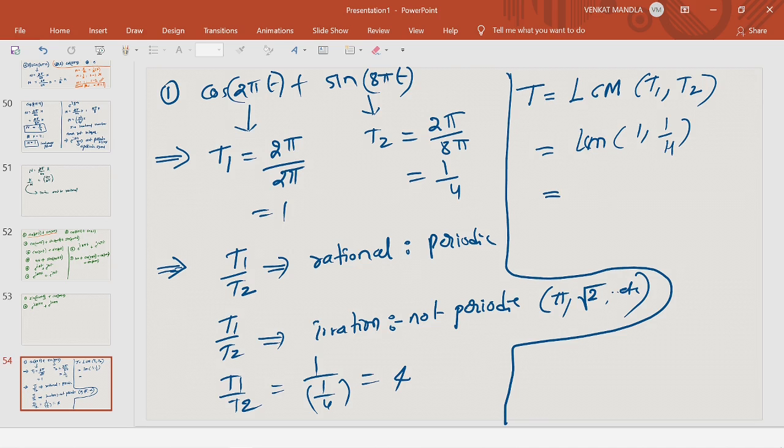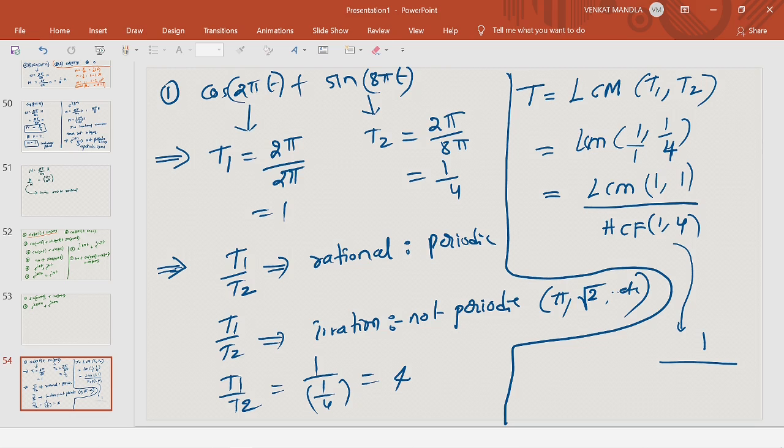How to find the LCM of fractions? LCM of numerators divided by HCF, the highest common factor, of denominators. Here it is 1 by 1, so LCM of 1 comma 1 is 1, and the highest common factor of 1 comma 4 is 1. So T equal to 1 is the fundamental period.